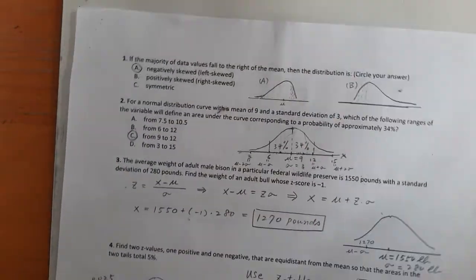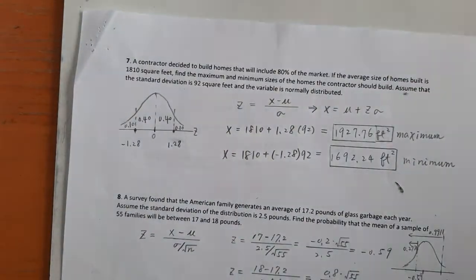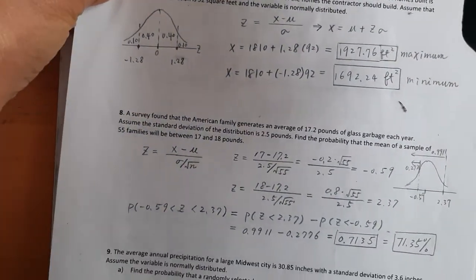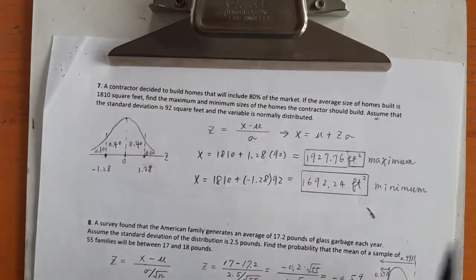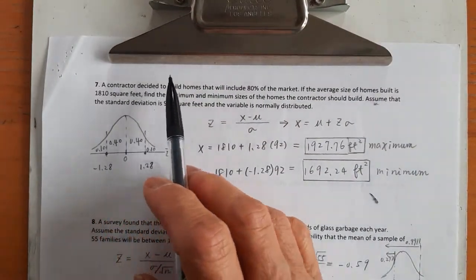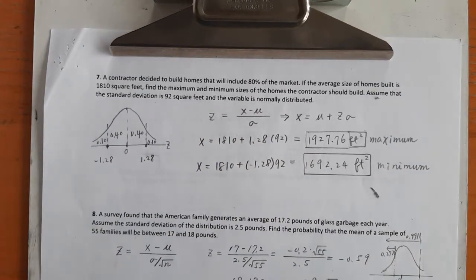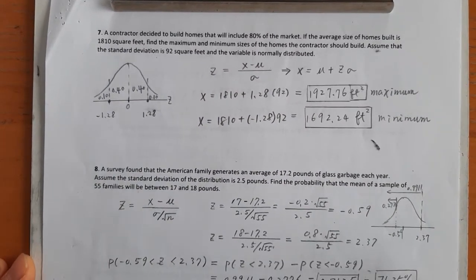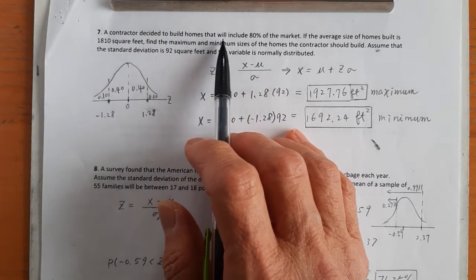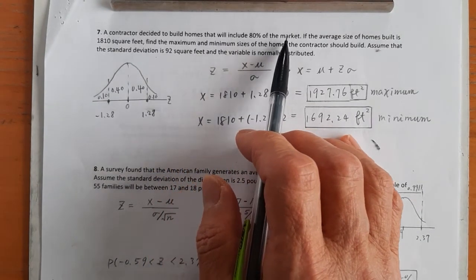Then question 7. A contractor decided to build homes that will include 80% of the market.